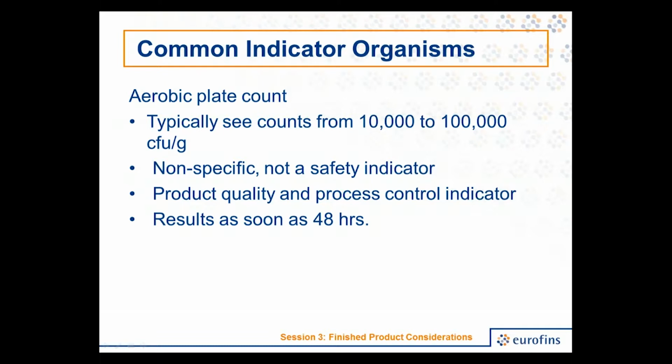The really important thing to know about using aerobic plate count as an indicator for your product is that it's very important to establish what is a normal range or a baseline through shelf life testing or regular monitoring, to determine what is normal for your product, to identify when your process is out of control or something has changed in your product. And we can also get results in as little as 48 hours with these methodologies.